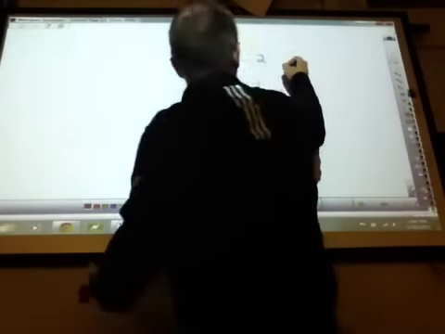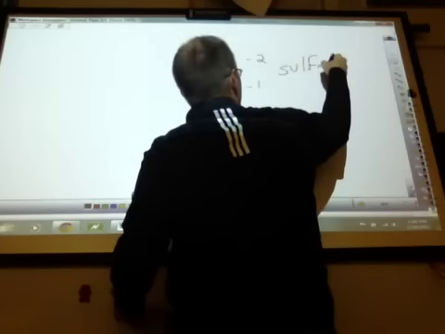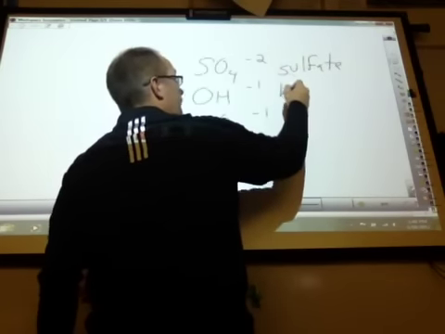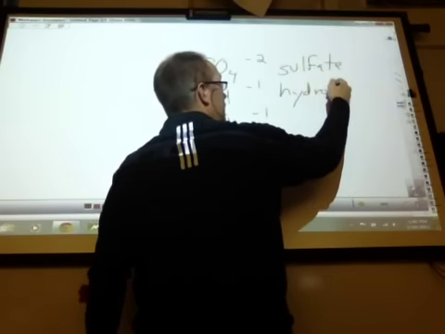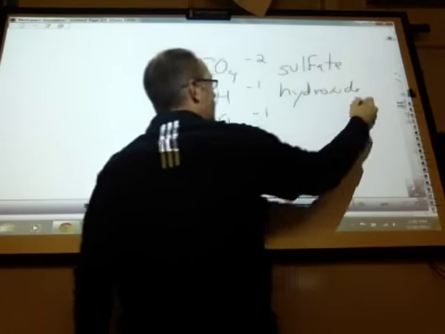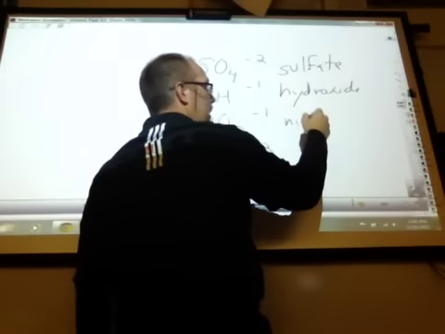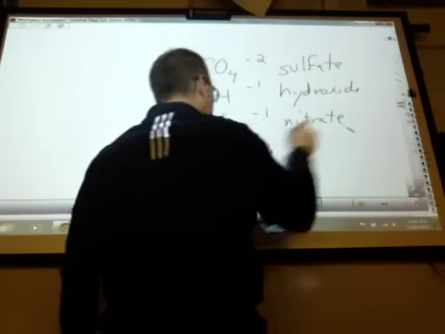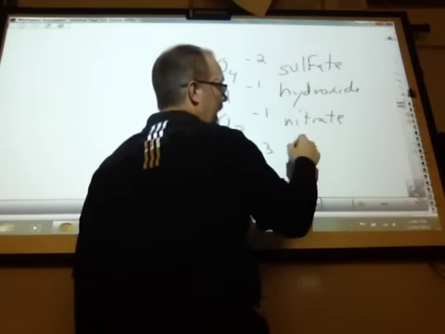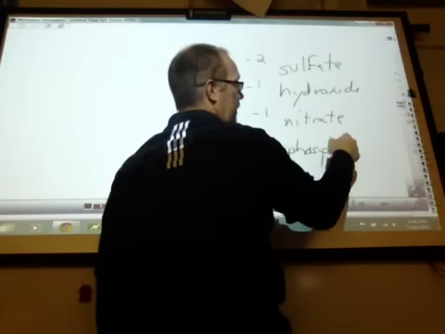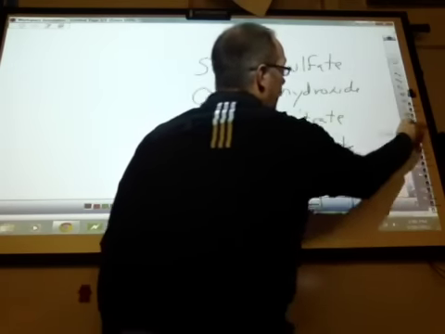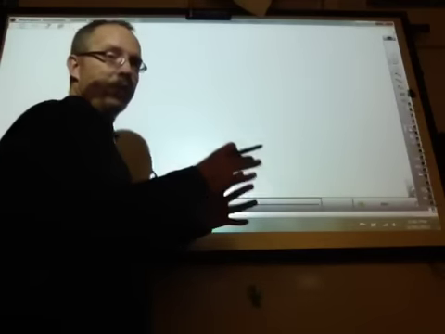Well, SO4 is a sulfate. Okay? OH is hydroxide. They're groups of atoms that did not completely form a compound. Nitrate, phosphate. Okay? These groups really are no different than individual atoms.